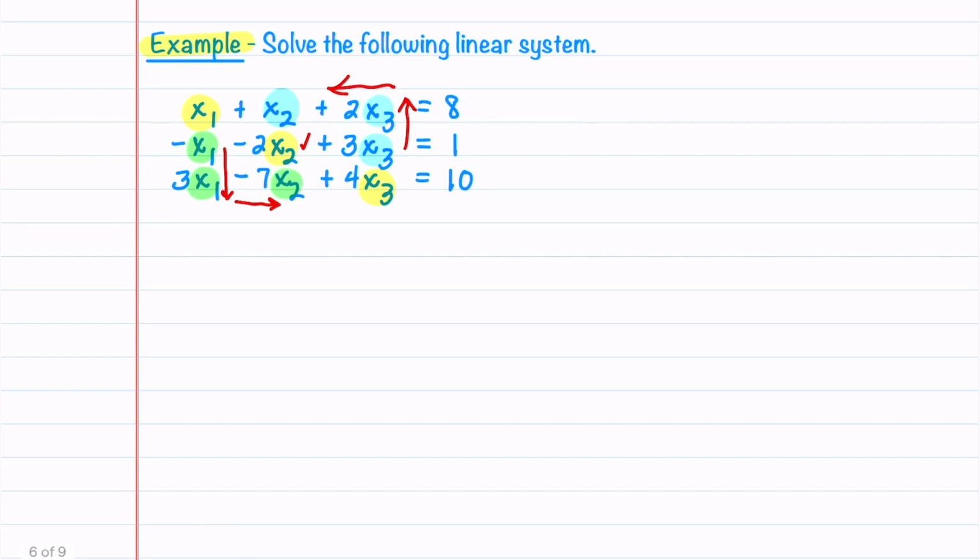Before we start our example, I'm going to erase what we highlighted so that we can highlight again as we go along. We're going to solve this linear system algebraically, and we're also going to solve it using an augmented matrix. So before we begin, let's go ahead and set up our augmented matrix.